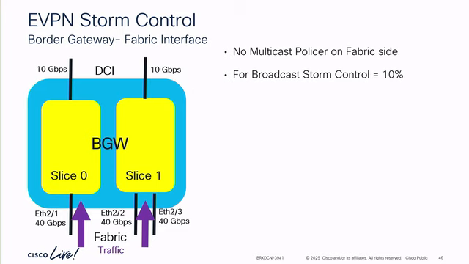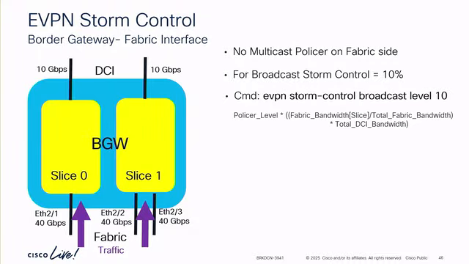So now in this example, we want to police the broadcast storm control traffic. Again, it's the same command, EVPN storm control broadcast level 10. But the formula is a little bit different, right? Don't worry, it's not that complicated, okay? Let's just go through it. So you have the policer level, 10%.